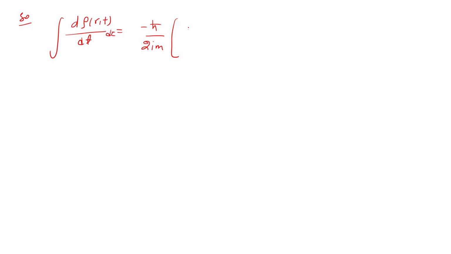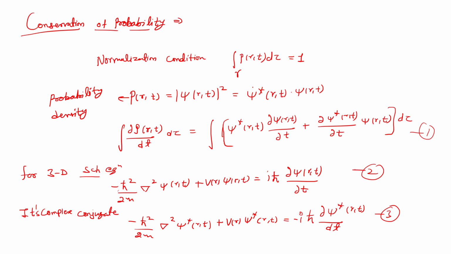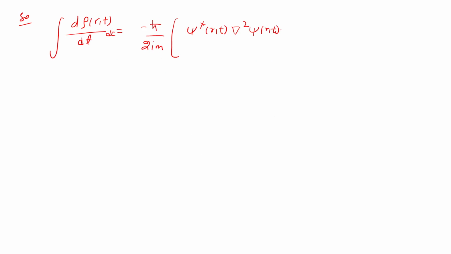So psi star(r, t) del square psi(r, t). Then in the other part, here we have del psi star over dt, and here also we have del psi star over dt. So we will replace this value from this equation. If I send this i h cut to the other side in the division, what we will get here is plus h cut over 2 i. But here we have taken minus h cut over 2 i common, so I will take this sign as a minus.